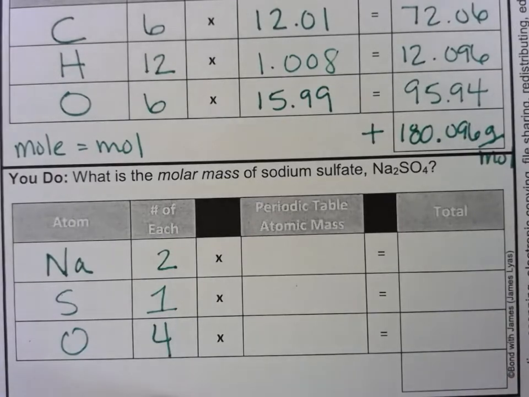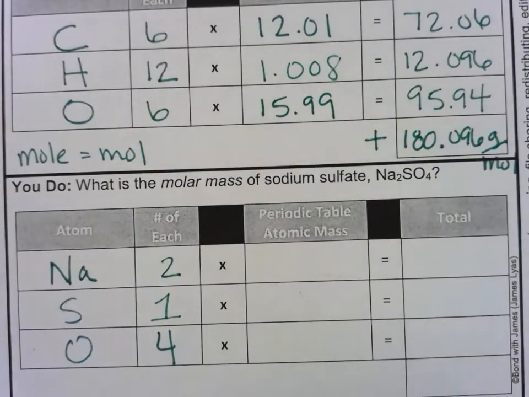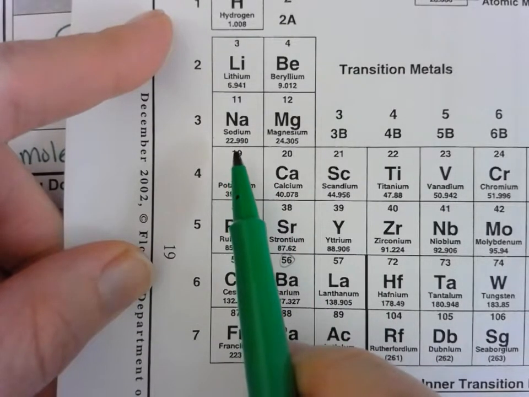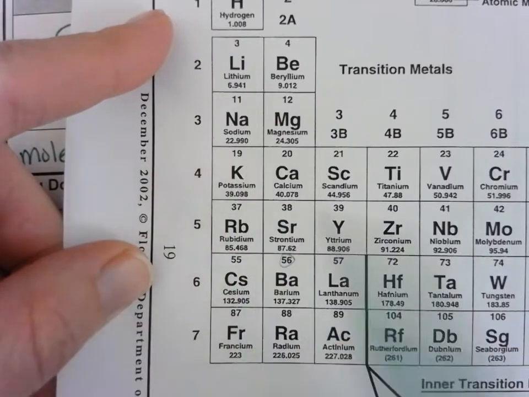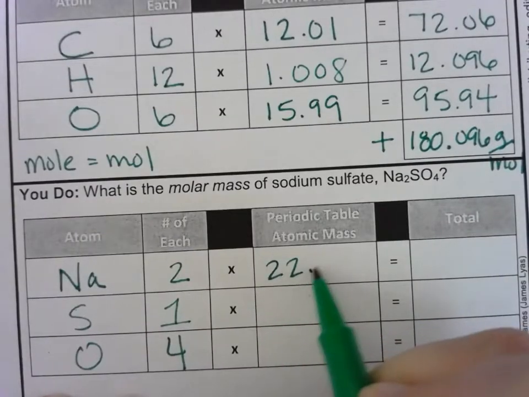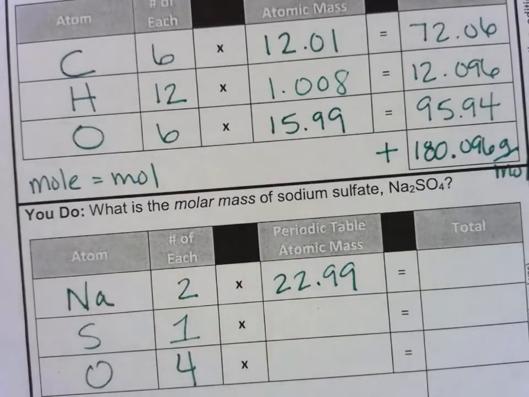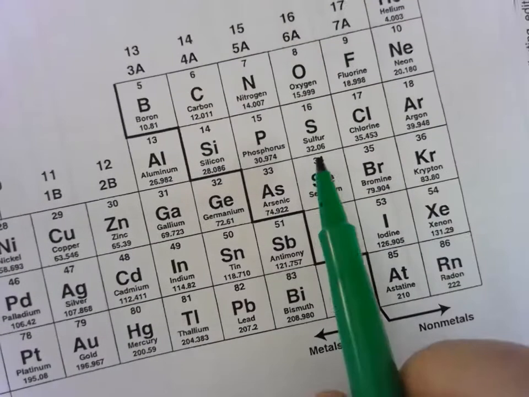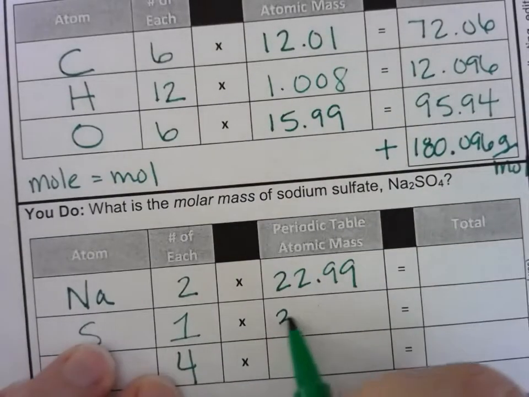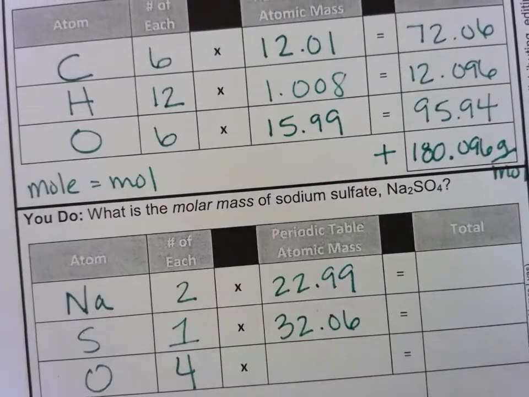The atomic masses from the periodic table, sodium's over here. It is a group 1 alkali metal. 22.99 is the atomic mass. And sulfur is a nonmetal. 32.06. And we already have oxygen from above.